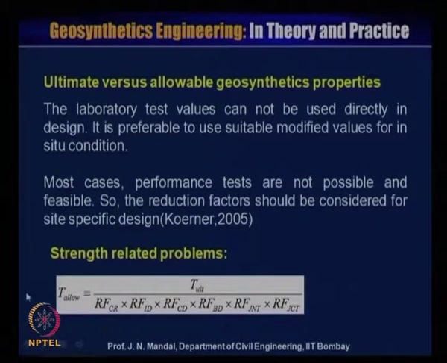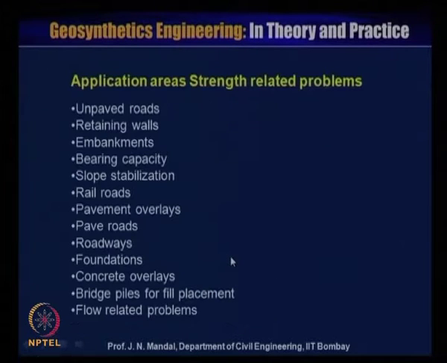These factors are to be taken into consideration. For different types of application, the reduction factors are different, so for the design you have to calculate the allowable tensile strength of the geosynthetic material.